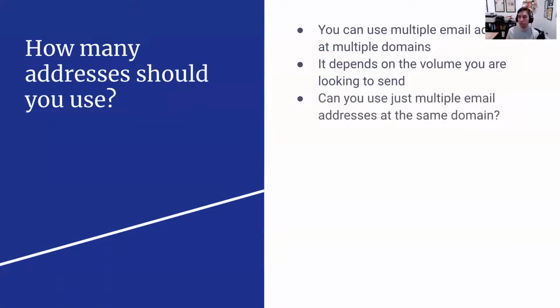As a best practice for sending volume, with platforms like Google Workspace or Outlook, the maximum recommended amount of emails to send per day is around 50 or so. Some platforms differ. On some you can send 100 a day without too much of a problem. But even so, if you want to send 1,000 pitches to 1,000 different people a day, that's a bunch of domains that you'll need.